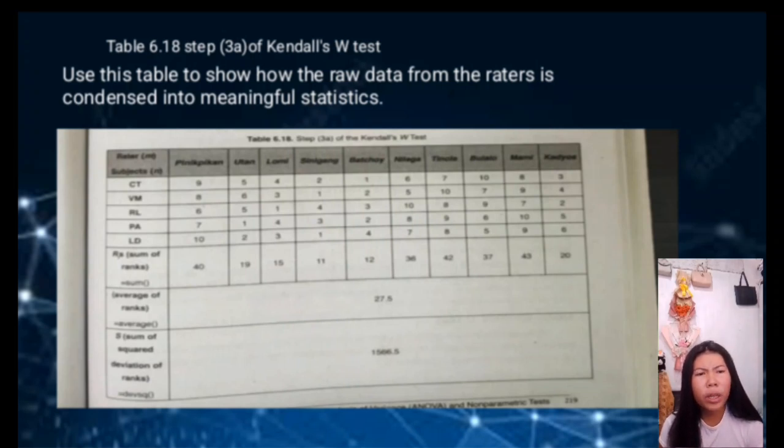So how do we get it? We just add all the RS values and then divide by the number of dishes. But in the example we will use, it is given as 27.5.